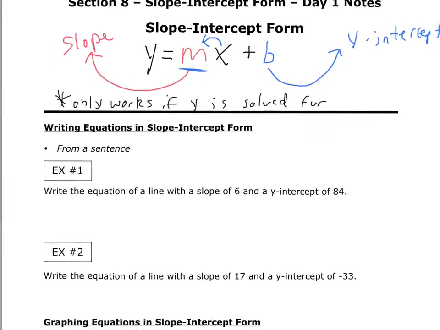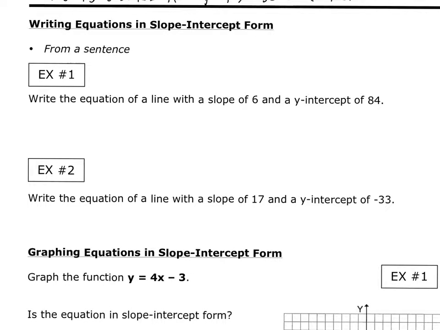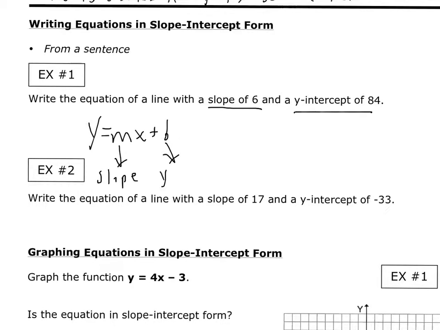We're going to look at a few sentences, and we're going to write an equation that results from that sentence. If we read this, it says write the equation of a line with a slope of 6 and a y-intercept of 84. We know that we want to use y equals mx plus b, and remember, m is our slope, b is our y-intercept.